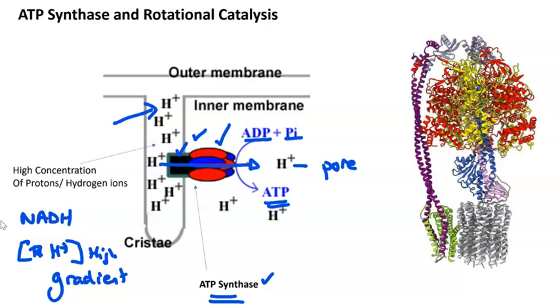So the proton concentration leads to a rotation of the protein, a rotation of the enzymes, a bringing of the substrates into closer proximity so the bond can be made to form ATP.